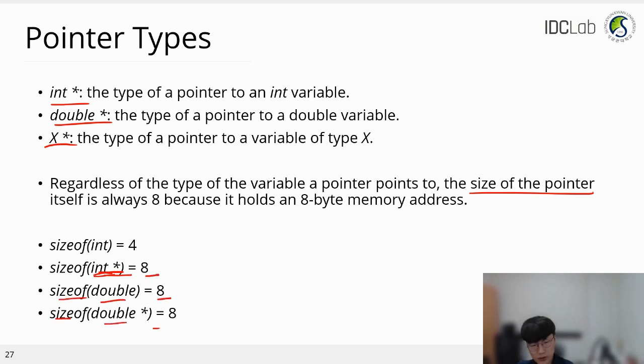So int and double have different sizes, 4 and 8, but int star and double star have the same size, which is 8 on your 64-bit machines. If you use a 32-bit machine, then this number will be 4, not 8.